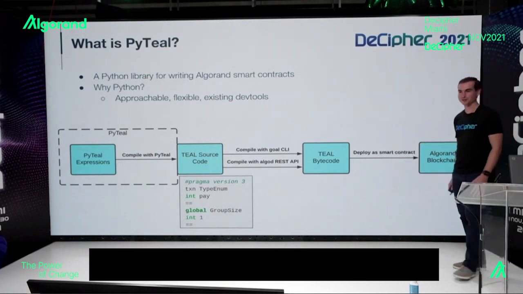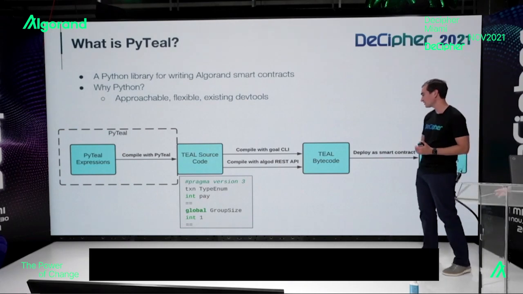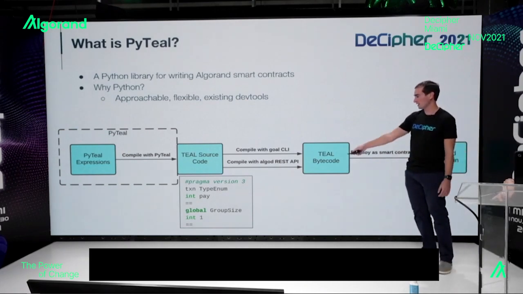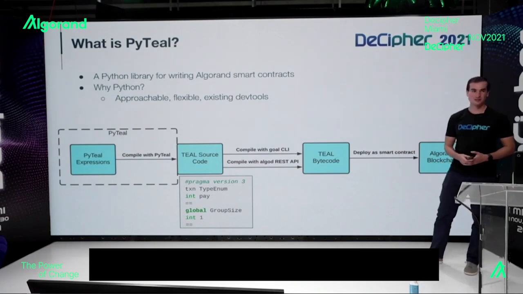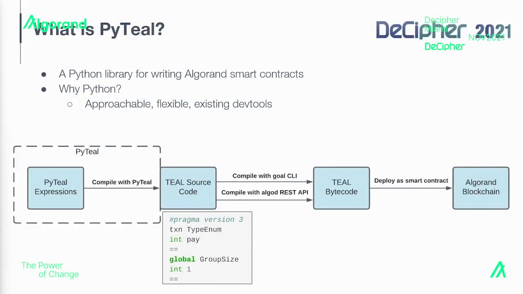This is just the compiled minimal version. And before that, we have Teal source code. You may have seen this before. This is our assembly-like language. It's very basic, but difficult to create higher level programs just because it is very assembly-like.